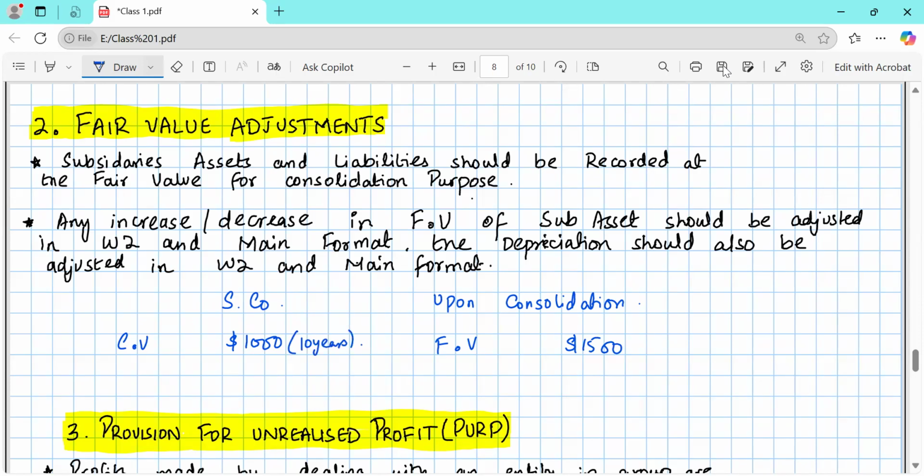Now you will do what? The first adjustment is you have to increase the value of the asset by 500.